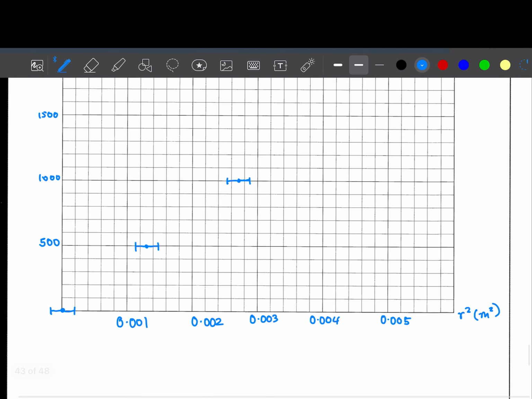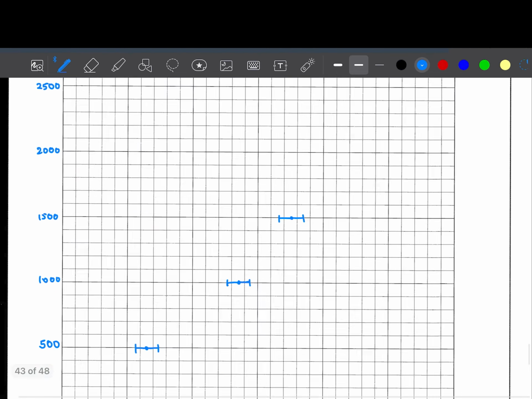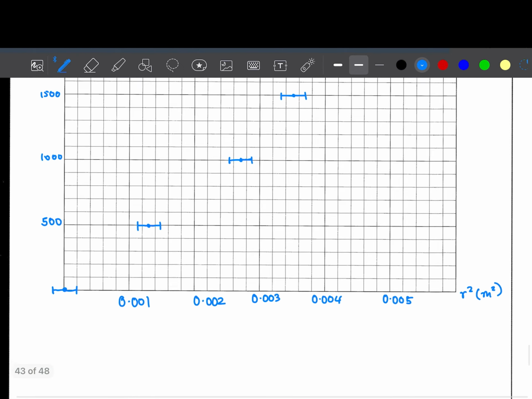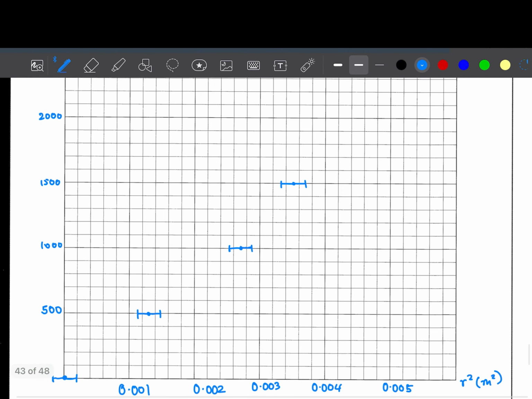Okay, so that is going to be somewhere here, like that and like that. And what is our next coordinate? 0.0052 and 2000. So just over here, like that and like that.